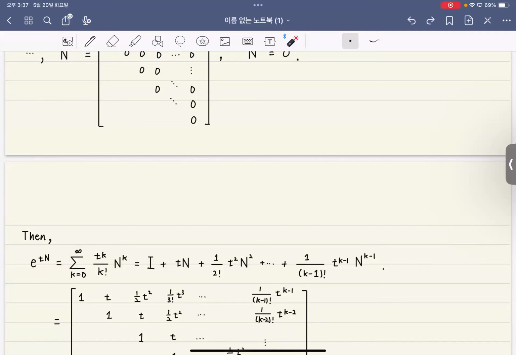If the index is greater than or equal to the size of N, then N to that power is going to be the zero matrix, so there is no contribution to the computation. Expanding this, I only have these many terms. So it is I plus tN plus 1 over 2 factorial times t squared N squared, all the way to N to the k minus 1.